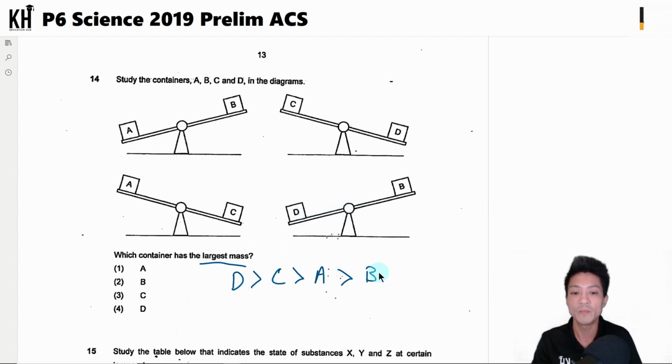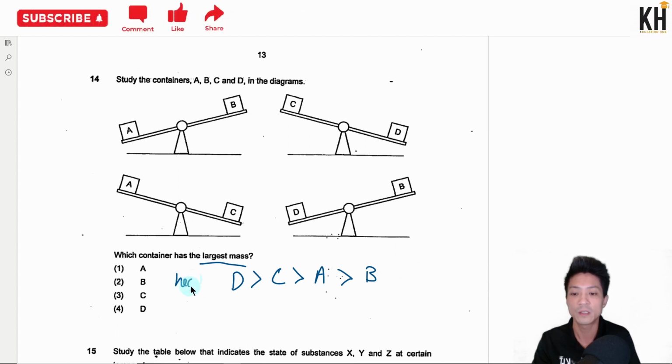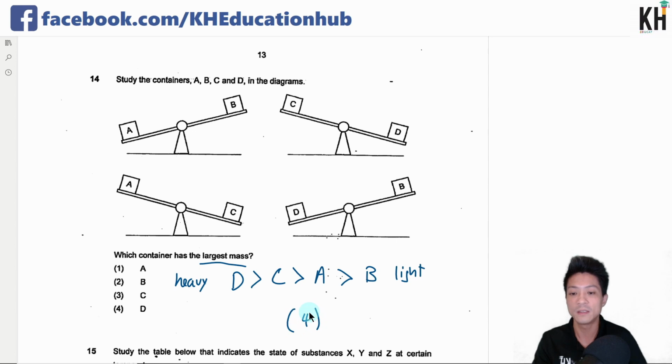D is heavier than B, which is correct. So this is the heaviest, this is the lightest. The answer should be number 4, which is D. D is the heaviest or the largest mass.